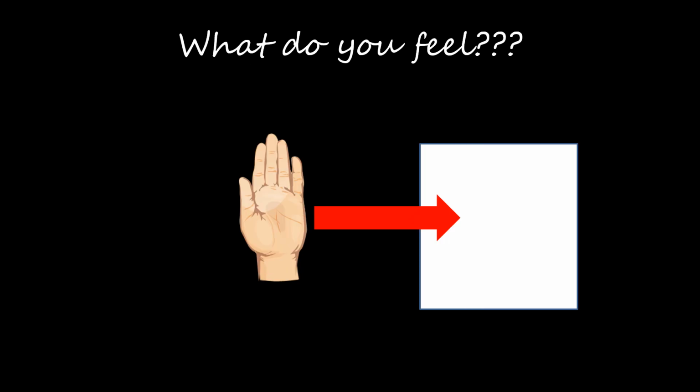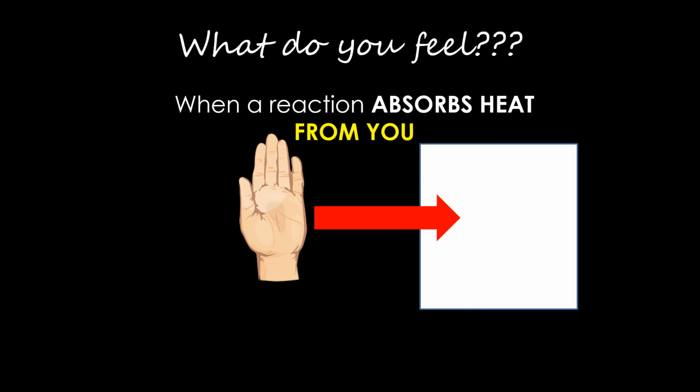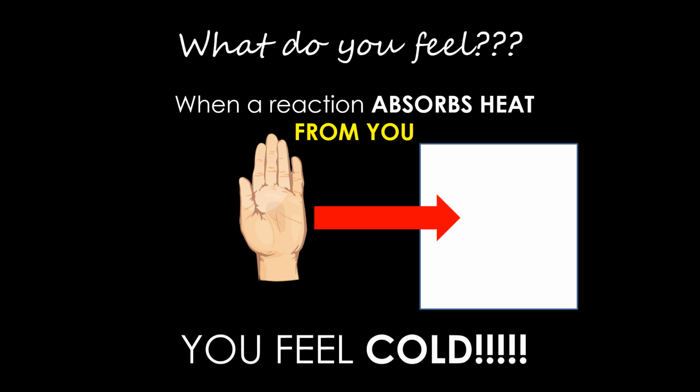What do you feel? When a reaction or a substance absorbs heat from you, it's going to feel cold, right? So the heat is going away from you into the container or into the chemical reaction or into the substance, and you are going to feel cold when you lose heat, okay? So something that is endothermic is going to feel cold.